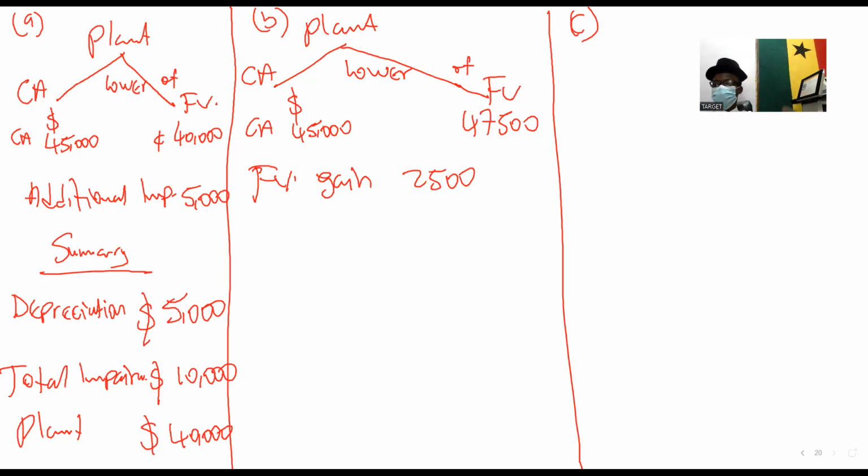So we have to recognize the gain of 2,500. So 2,500 must hit our account, the fair value gain. So OCI will take that.